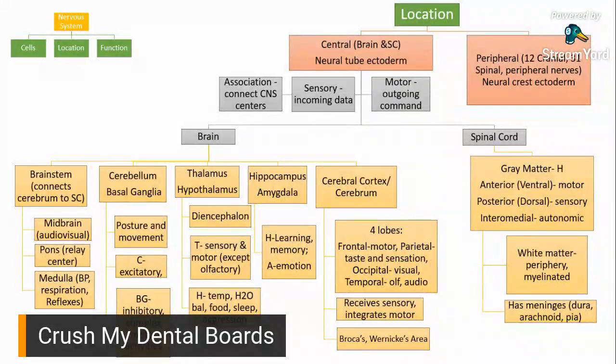The central nervous system came from the neural tube ectoderm, while the peripheral nervous system, it came actually from the neural crest ectoderm. So both the central and peripheral nervous system came from ectoderm. It's just that one is from the neural tube and the other one is from the neural crest.